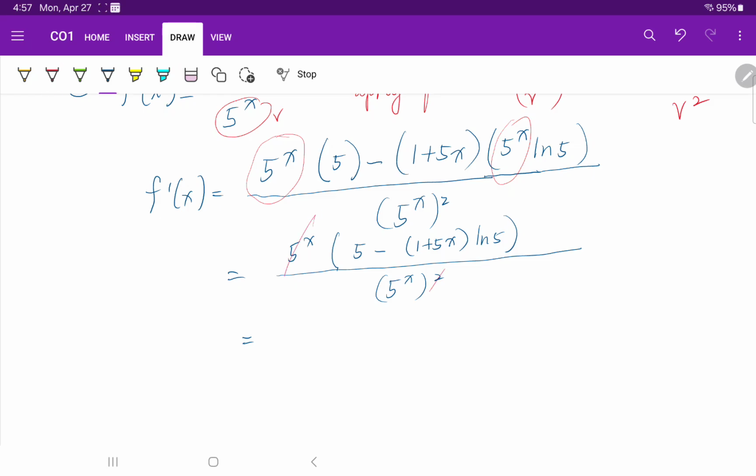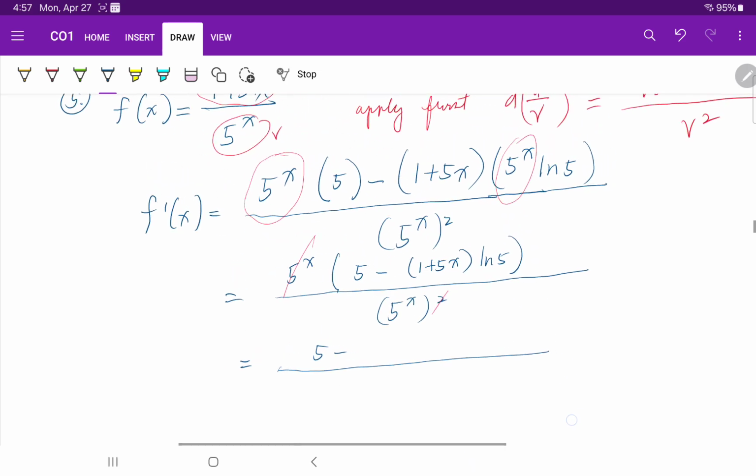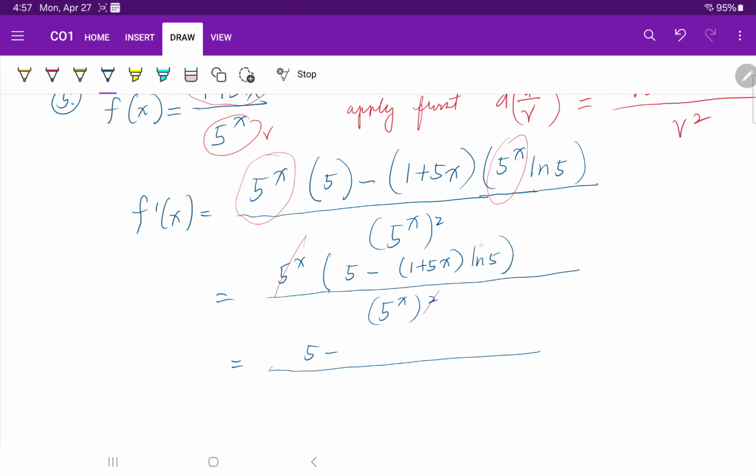So in the numerator, we'll have 5 minus, distribute ln of 5. Because you have here, you can distribute this here. So we'll have minus ln of 5 minus 5x ln of 5. So we distribute ln of 5 to 1 plus 5x.